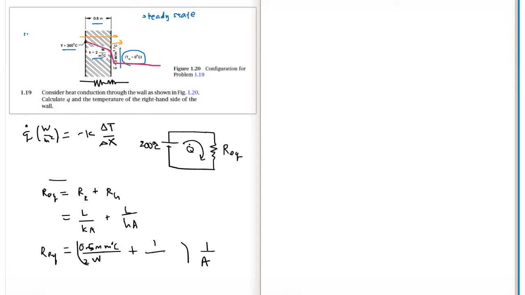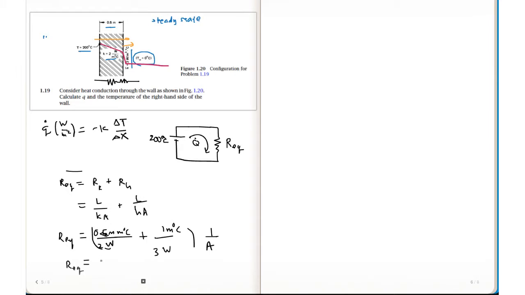Plus 1 over 3 watts per meter squared degree C. So the equivalent resistance is equal to 5 over 20, which is 1/4. So 1/4 plus 1/3.